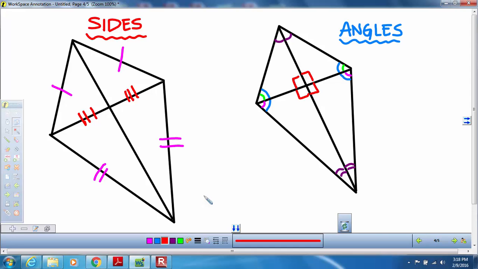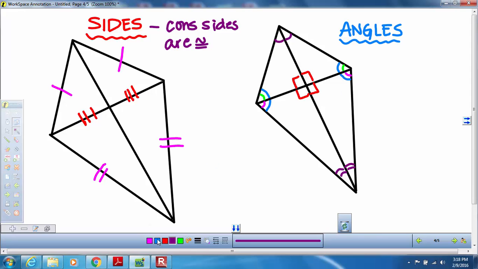Now if I'm wanting to solve problems using sides or angles, for sides I would use that consecutive sides are congruent, so this equals this or this equals this.